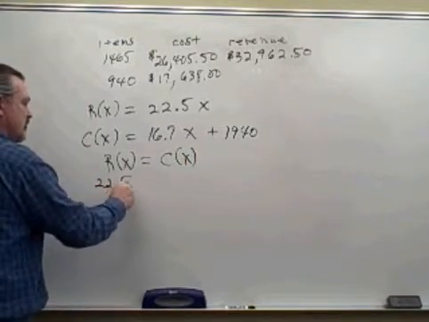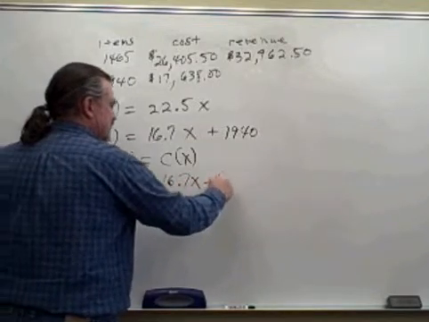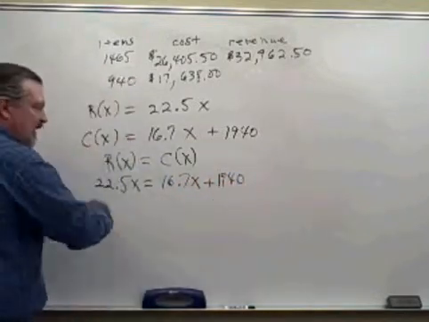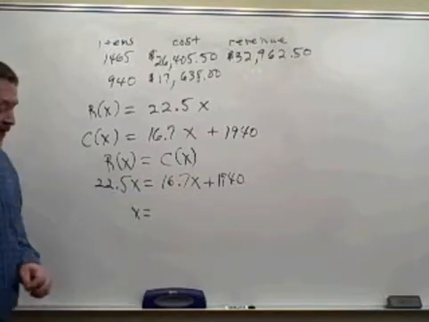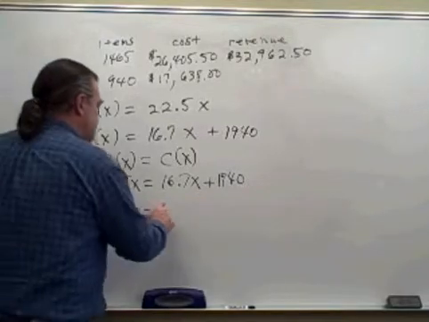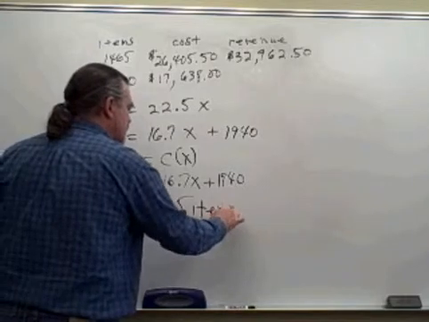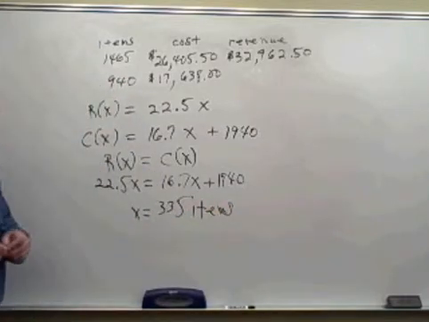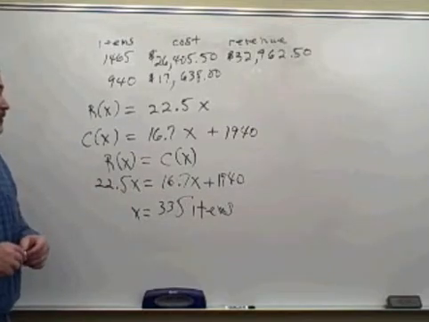So 22.5x has to cover 16.7x plus 1940. When we solve that linear equation in one variable, we get x equals roughly 335. So it's going to take us 335 items to make and sell in order to break even.